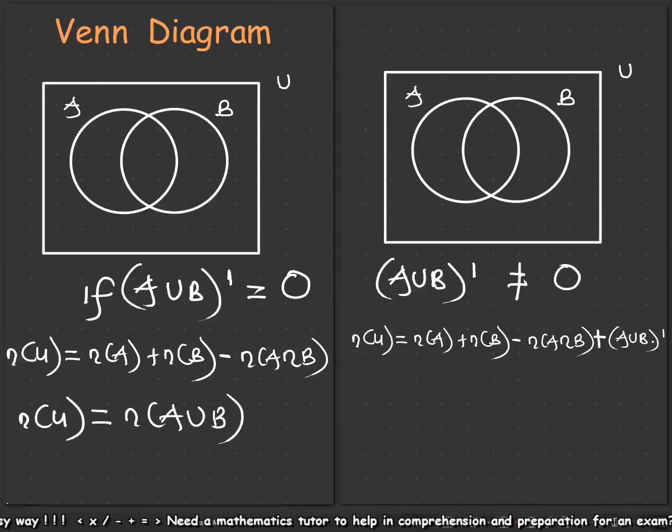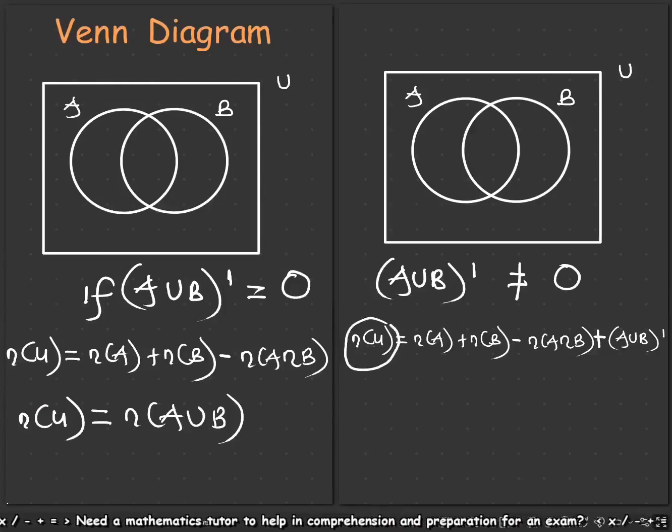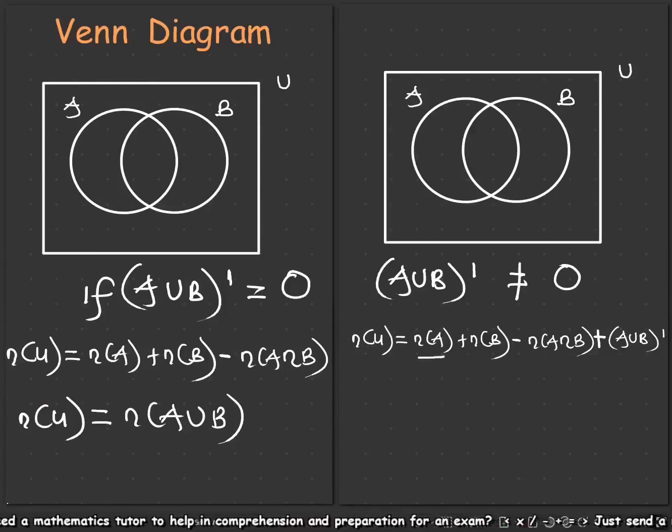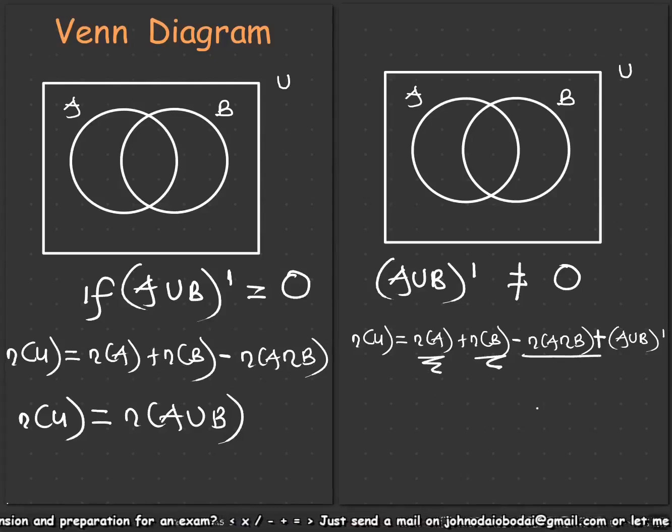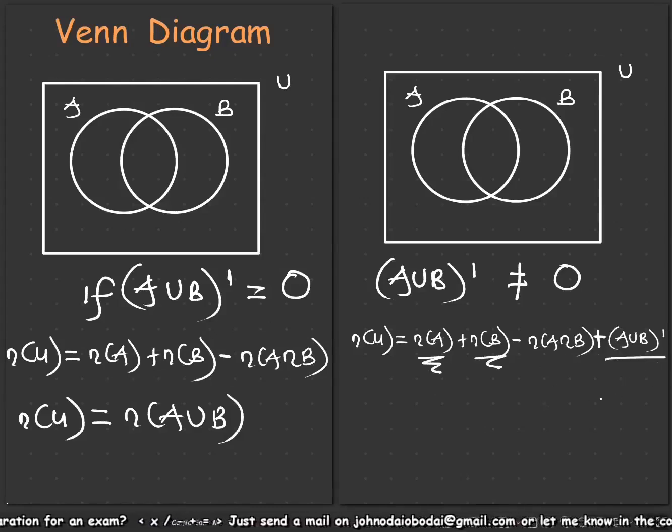Our universal set is equal to A plus B minus the intersection, and then plus the complement. So these are the two formulas we would want to look at. The first one, when our universal set is equal to the union of the two sets, and hence there is no complement. The second one, when there is a complement. So let's solve some questions and see how we can relate these two formulas.